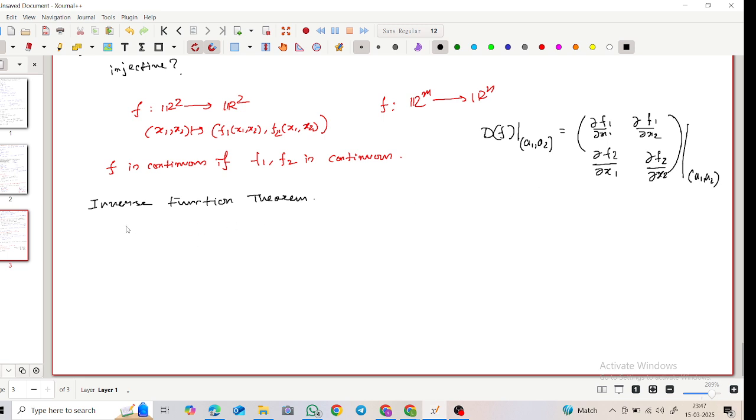So the inverse function theorem says: if f is a function from omega to R2, where omega is an open set in R2, suppose df at (a1, a2), the Jacobian, has non-zero determinant.